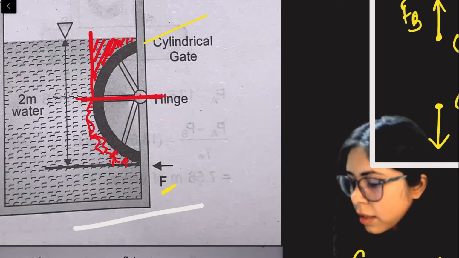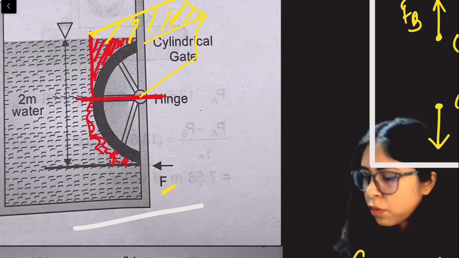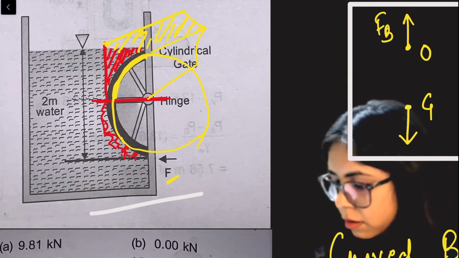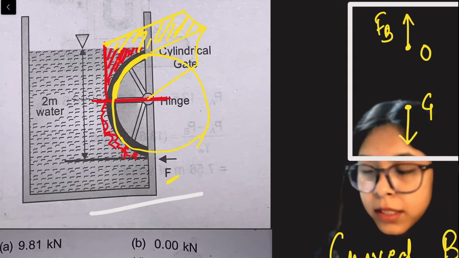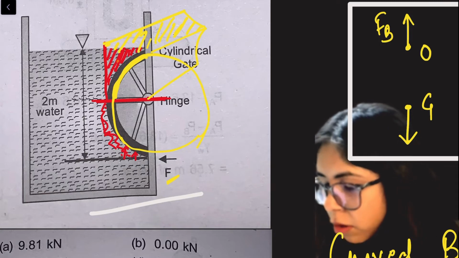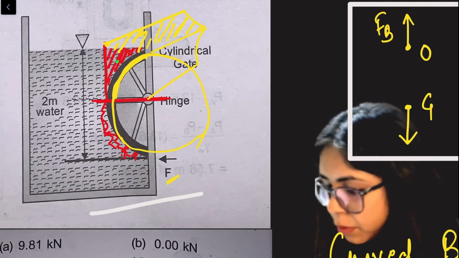Till here, like this. Okay, till full, and it will go somewhat like this. So this much fluid I want to calculate how much volume of fluid is there. Vertical force is nothing but the weight of the liquid supported by the object.